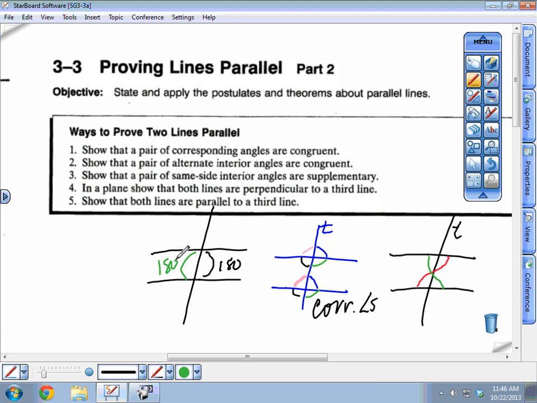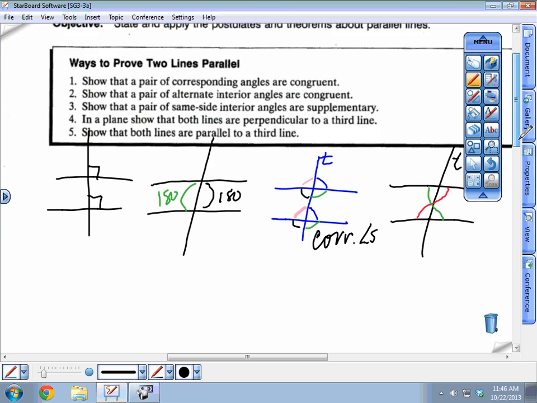In a plane, show that both lines are perpendicular to a third line. So if I have 2 lines, and they are both perpendicular to this line, then they are parallel to each other. Show that both lines are parallel to a third line. This is our last one, and this is the one that you're going to forget.